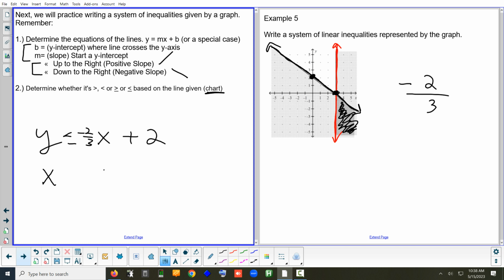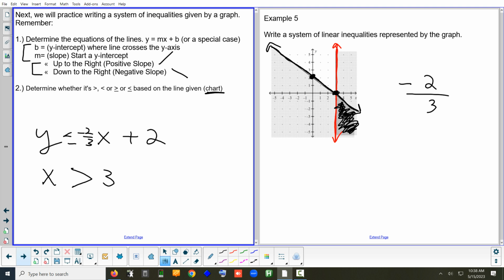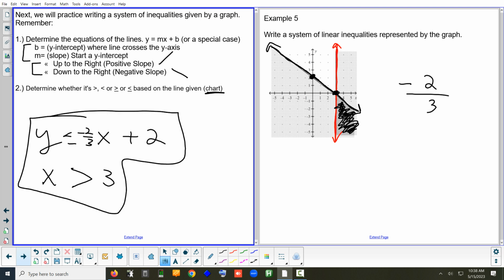Yeah, 3. And we've shaded to the right of the vertical line. What symbol would mean to the right in a special case? Yeah, greater than. Perfect.